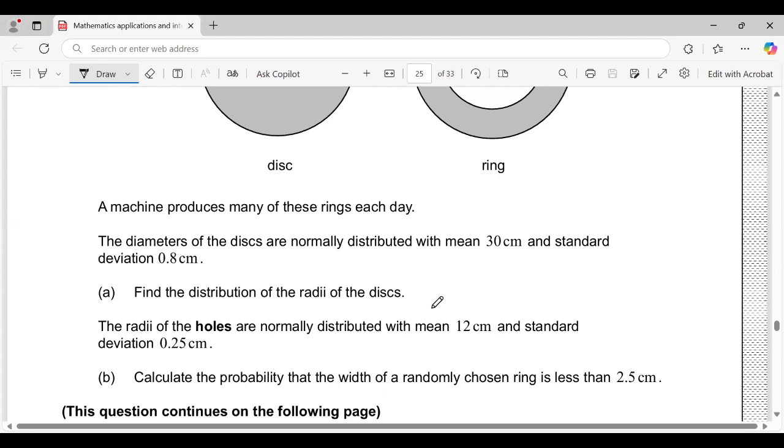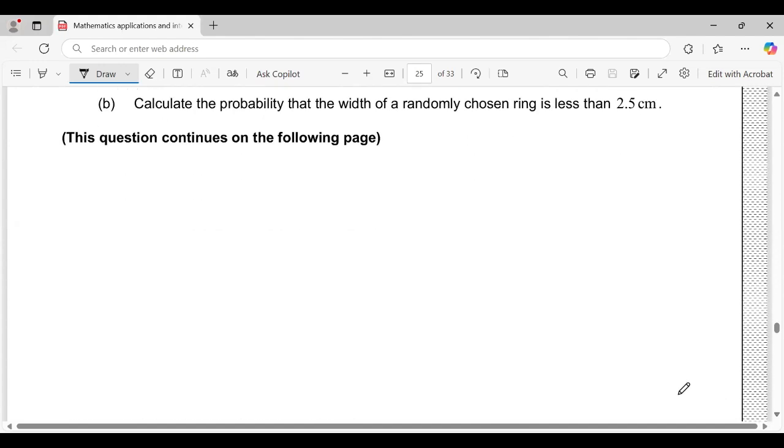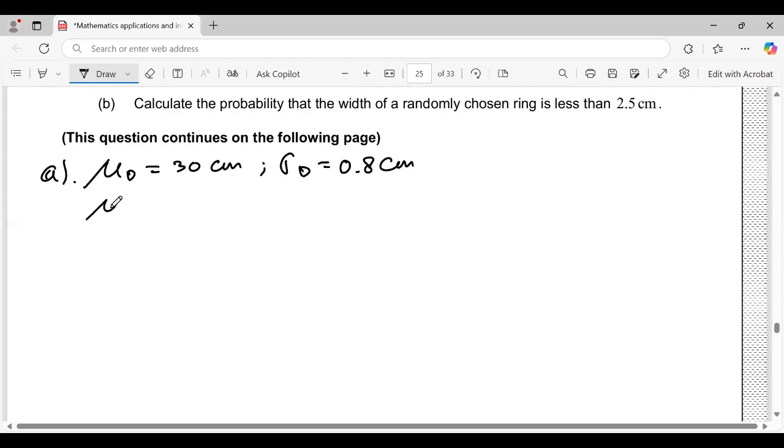Find the distribution of the radii of the disc. Mu d equals 30 centimeters according to the information, and the standard deviation of d is 0.8 centimeters. The mean of the radius, mu r, equals mu d divided by 2, it is 15 centimeters.